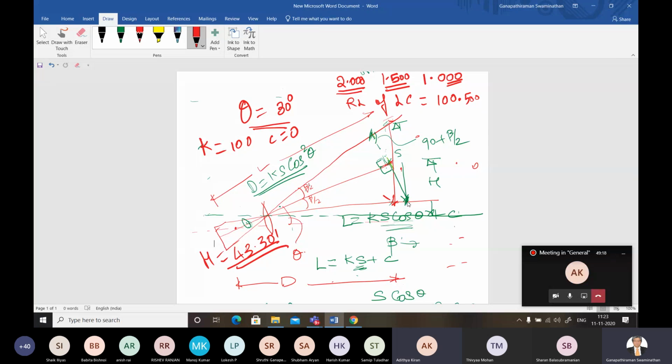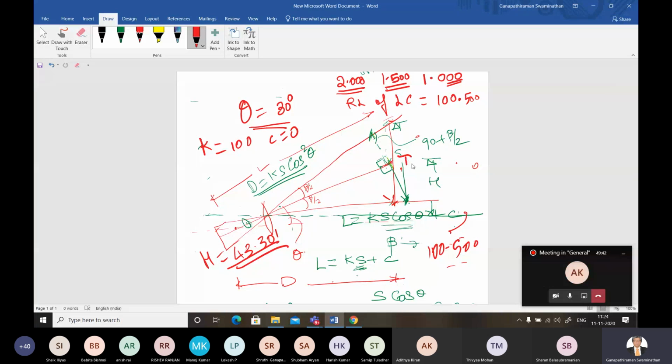So data insufficiency is there. RL of line of collimation I have given. So this is 100.500.